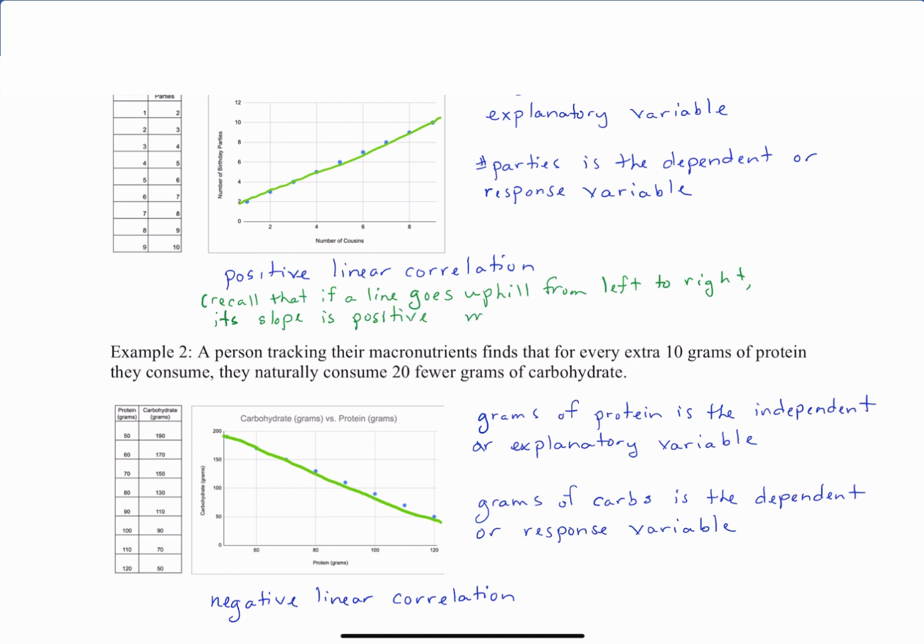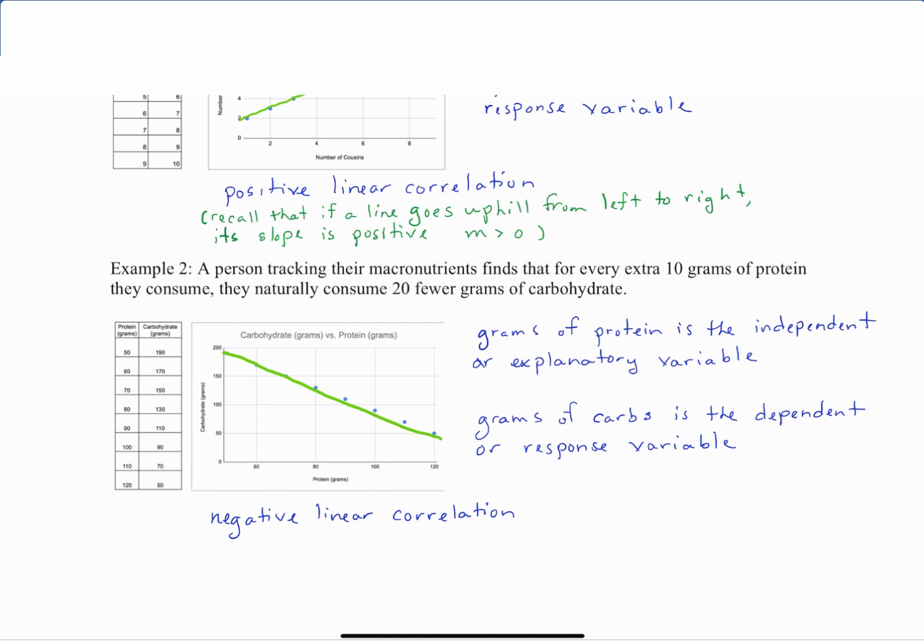That was that m thing that we always called the slope in algebra. So if the slope's positive, your line's going uphill if you go along it from left to right. Similarly, if a line goes downhill, and again, I mean from left to right, that's the direction we always look at graphs in math, then its slope is negative.